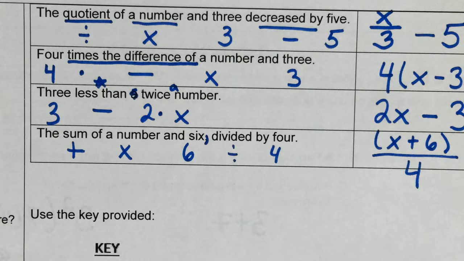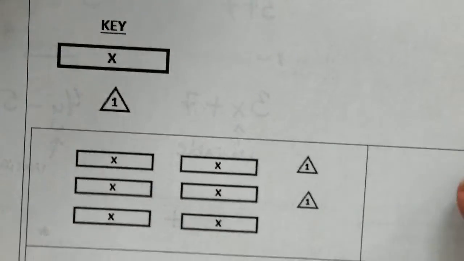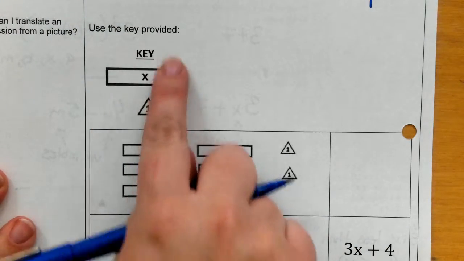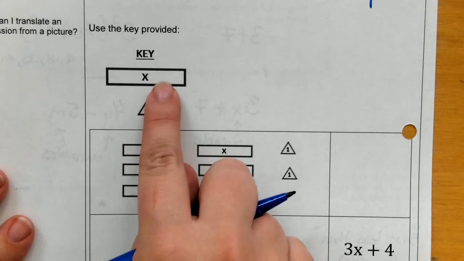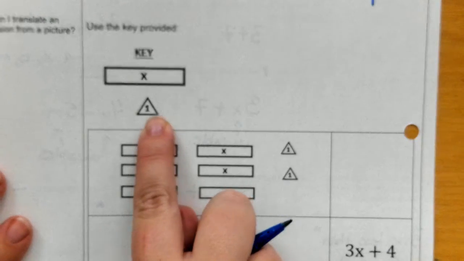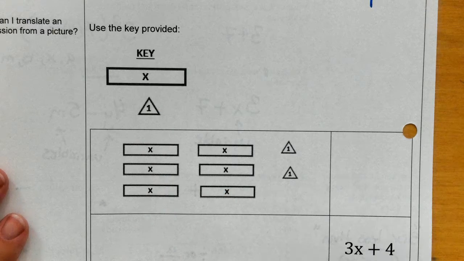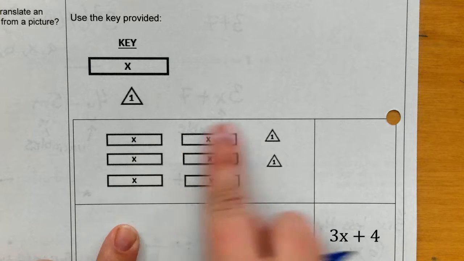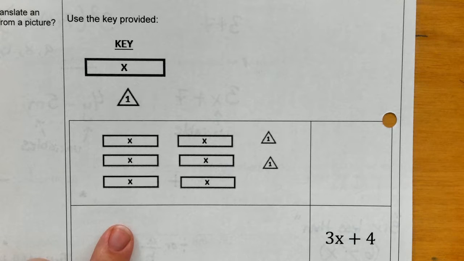Okay. So now that we're done with the word part, we're going to look at some pictures. What I did for you here was I included a key, where these rectangles each represent x, or 1x, and these triangles represent 1. So we can represent an expression in a picture like this, and it's pretty easy to figure out what the expression is.